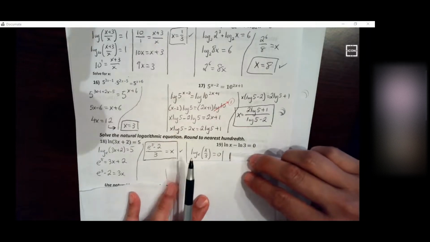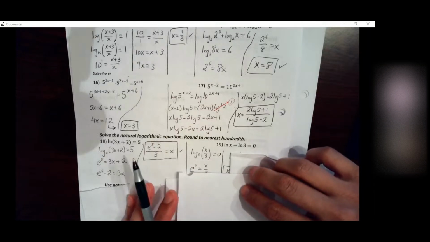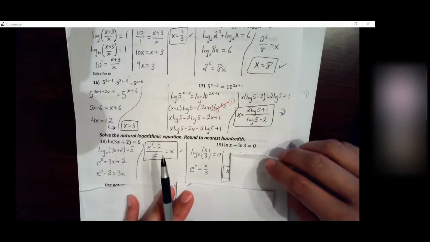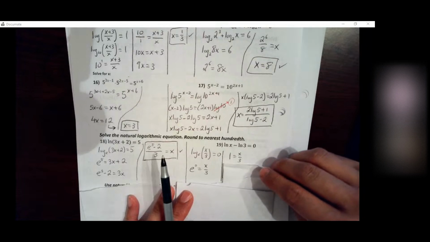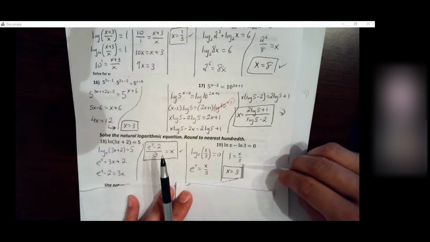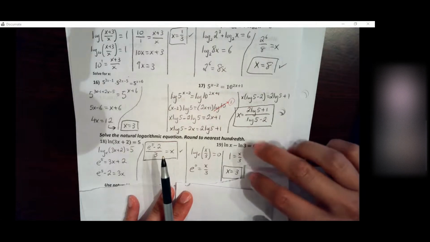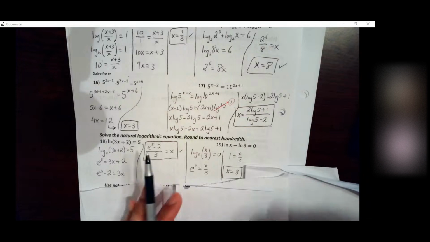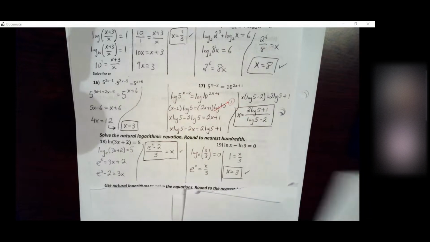And then e to the 0 is 1, equals x over 3. So x equals 3. Any issues with extraneous solutions? No, that works.